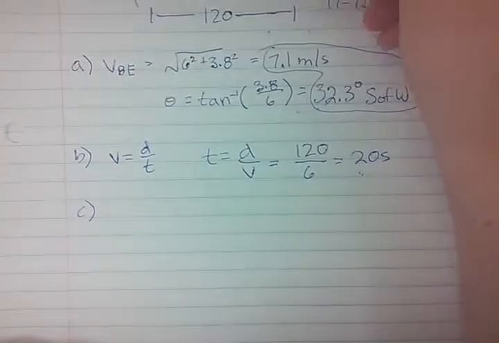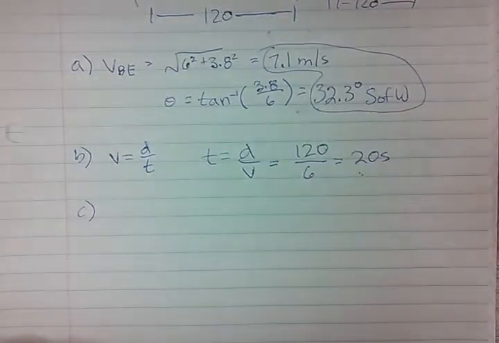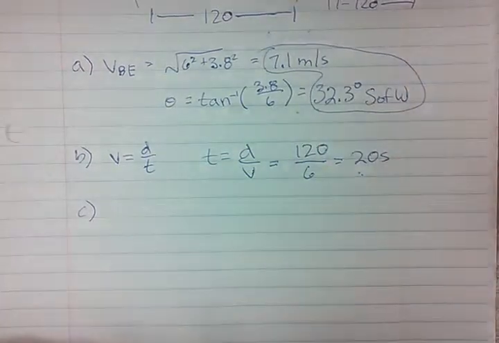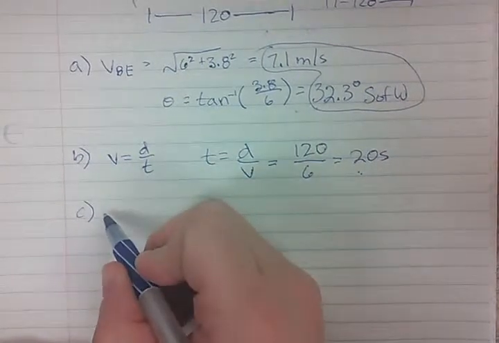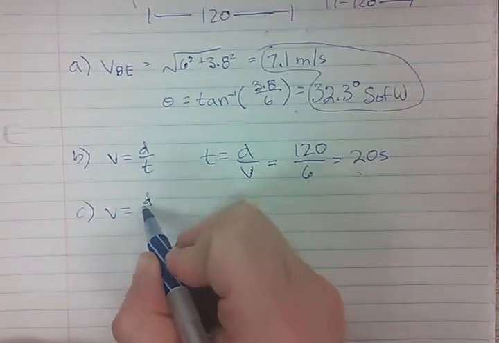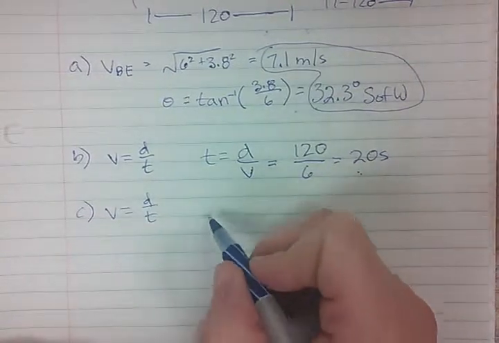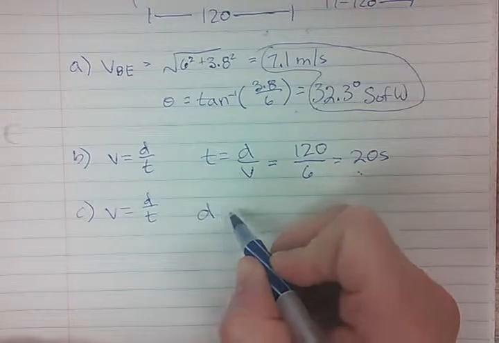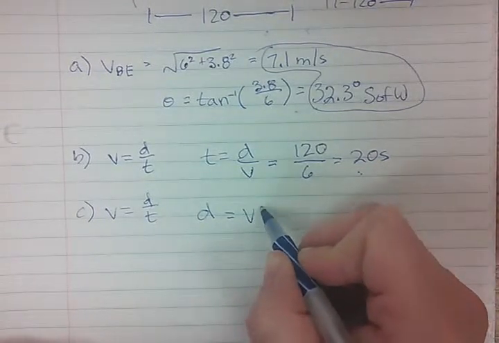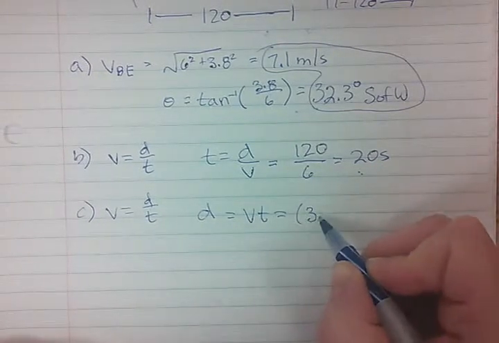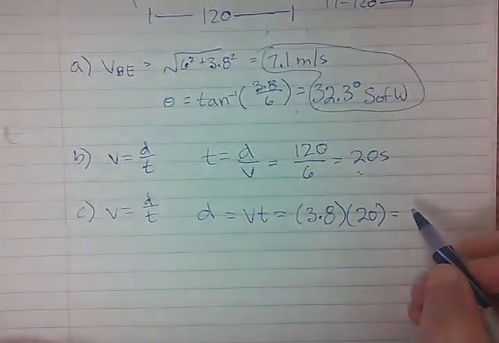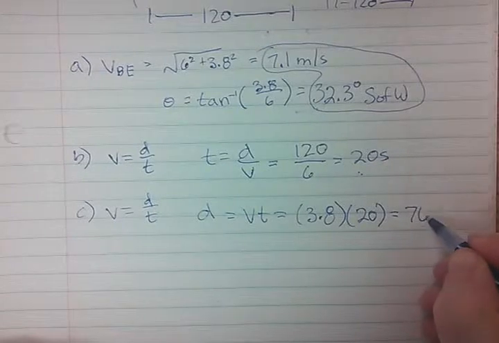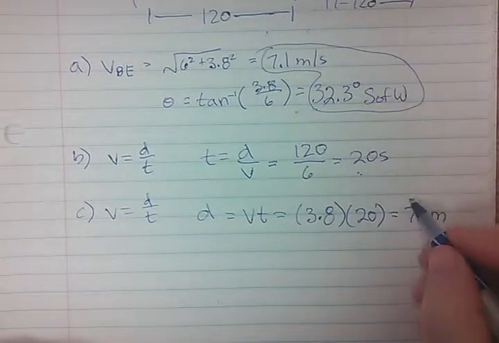We're trying to figure out how far it goes in this y direction. And we know its speed in the y direction. So again, we use our 9th grade equation for speed, rearrange for distance. The speed is 3.8. The time we calculated in part B, it should be 76 meters.